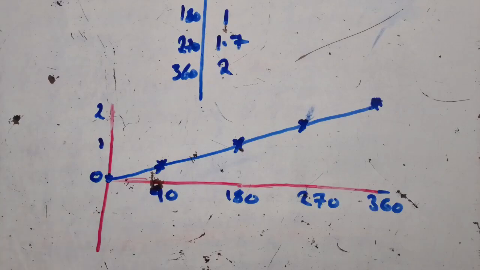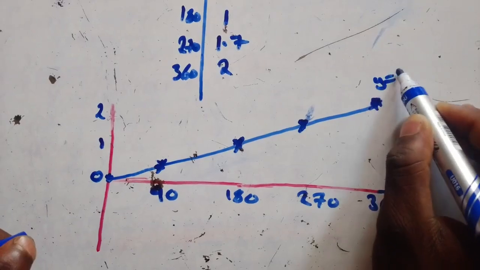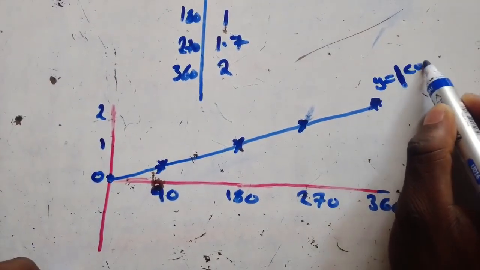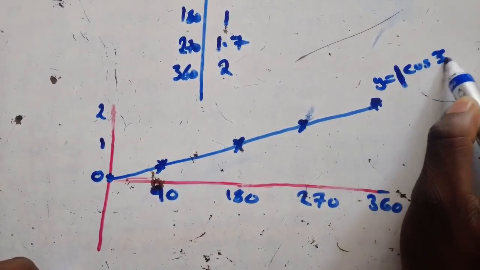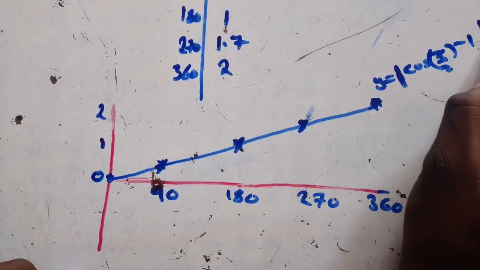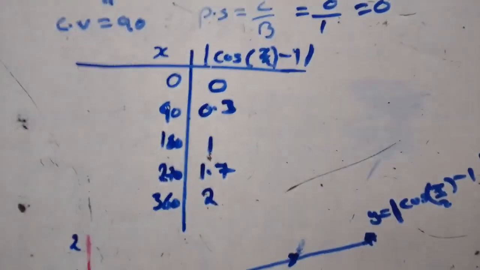Remember, the graph we have drawn is for y equals the modulus of cos x over 2, minus 1. We are asked to graph two functions. The other function is y equals 1.